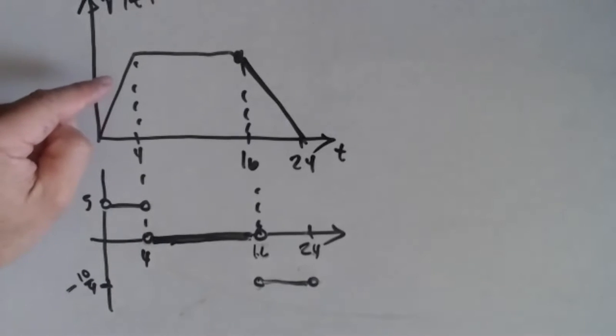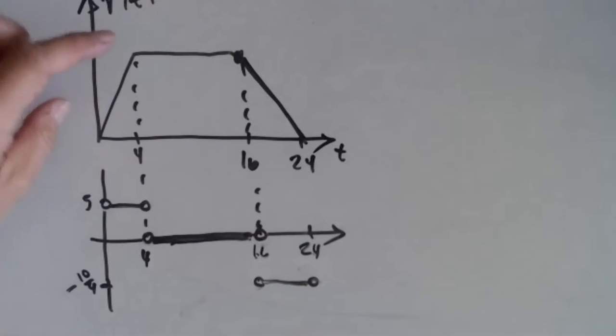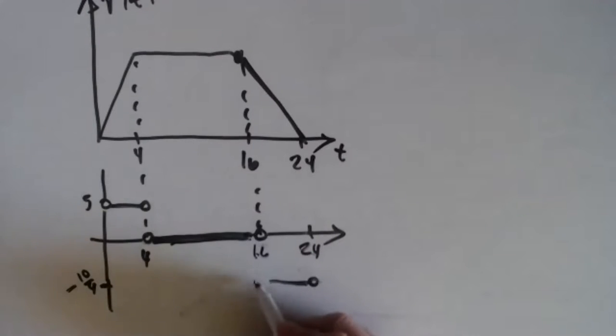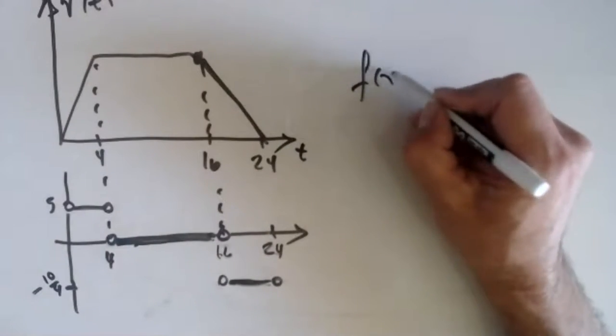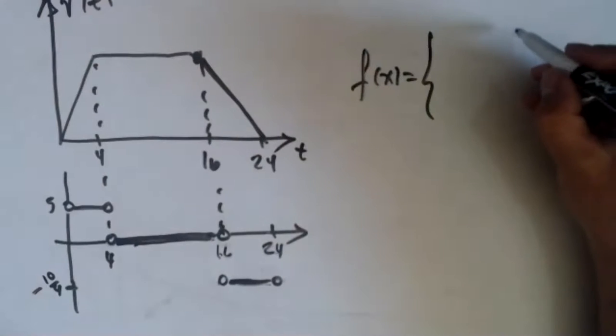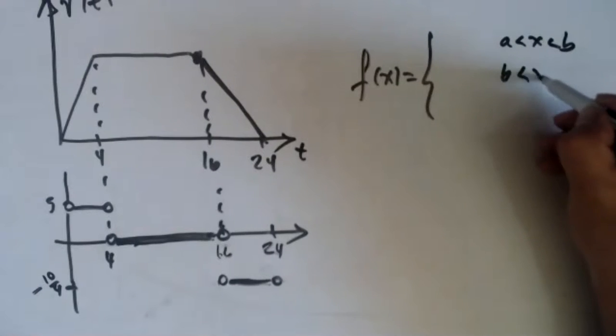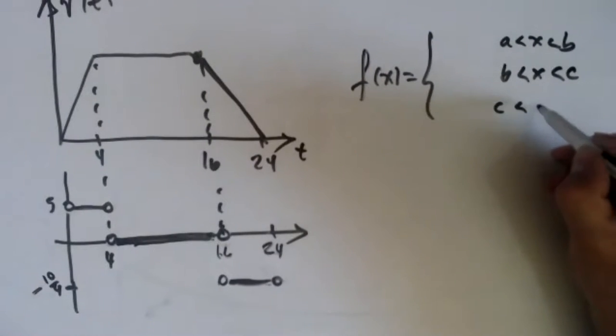So this practice of getting the graph of the derivative using just criteria like the slope of the tangent line is something that we're going to practice more. But everybody caught the idea how to get this one? Okay. Now, what's a piecewise function? The formal definition is simply that you define the function between different intervals, correct?